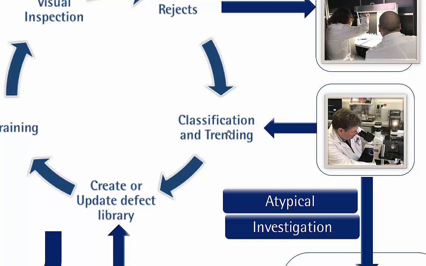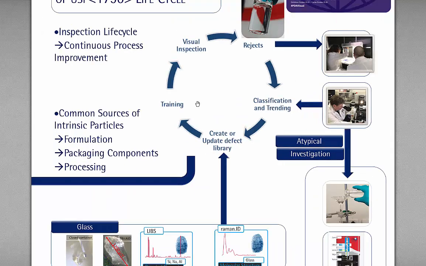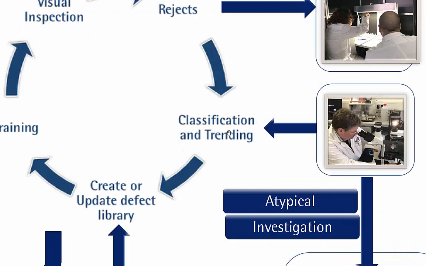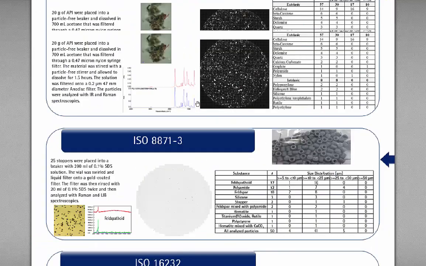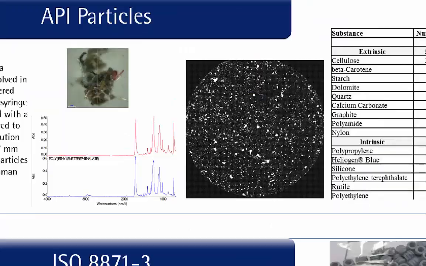What you can also see when you would like to streamline is when you go into these subcycles, like when you look into the quality of what you get from your suppliers, for example, for the API or for other container closure systems.